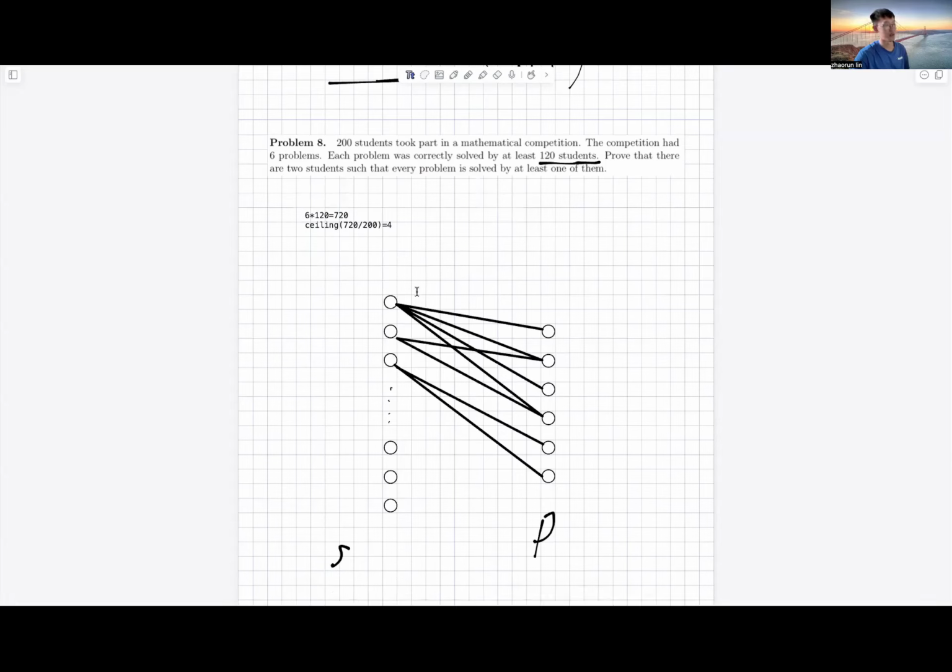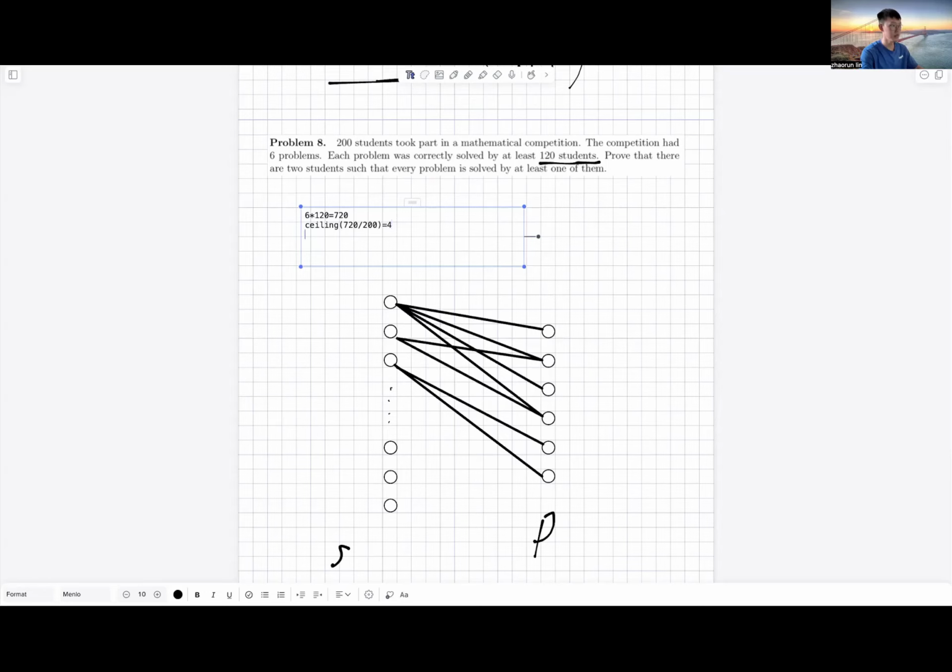So we still have to put another round, and so on. In the end, after we put 3 edges for each student, this corresponds to only 600 edges, and we still have 120 edges left to put here. So there must be a student that has 4 edges connected to the problems.